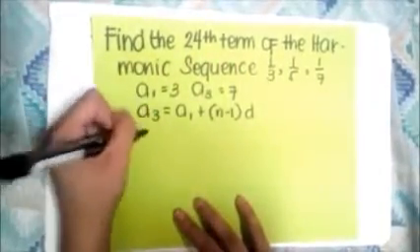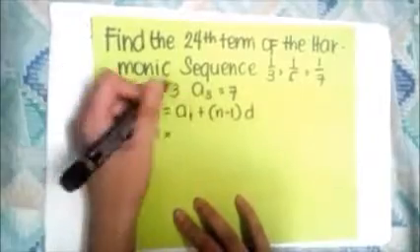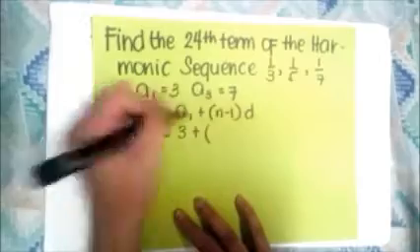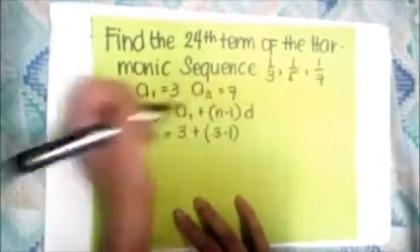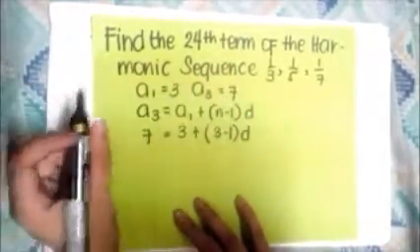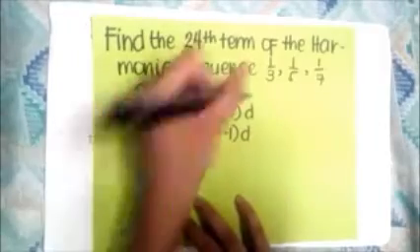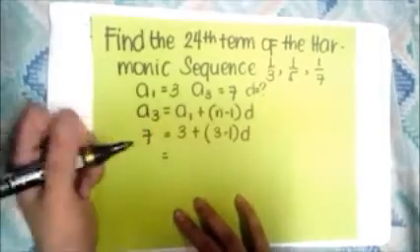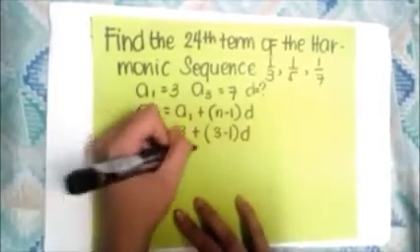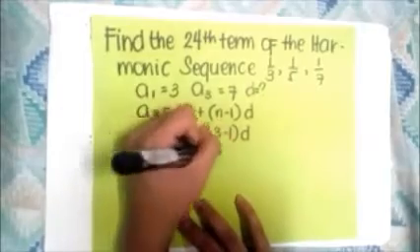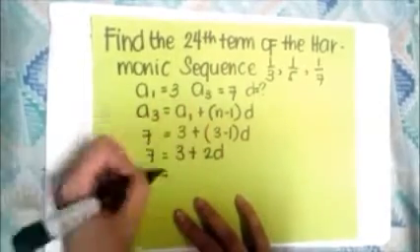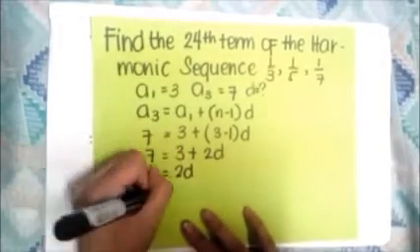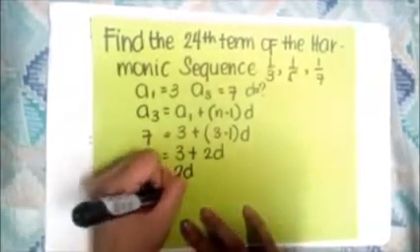So, a sub 3 is equal to 7, a sub 1 is equal to 3, plus (3 minus 1) times the common difference. So, we're finding the common difference here. d is missing. So, we have 7 equals 3 plus 2d, wherein we transpose, so we have 4 is equal to 2d. So we have d is equal to 2.